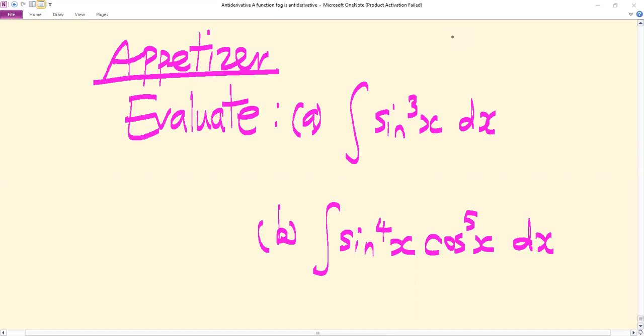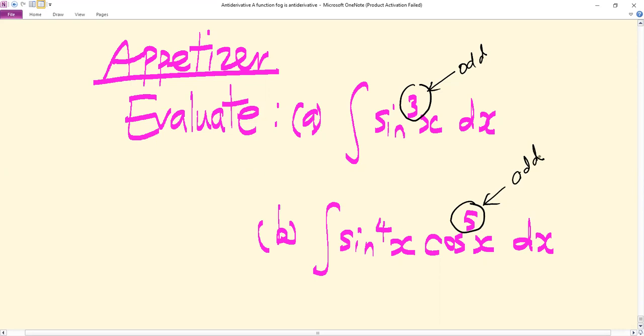Now, one key thing that you can observe on these two integrals is that, for this first case here, the power of sine is odd, and also on this one here, the power of cosine is odd.